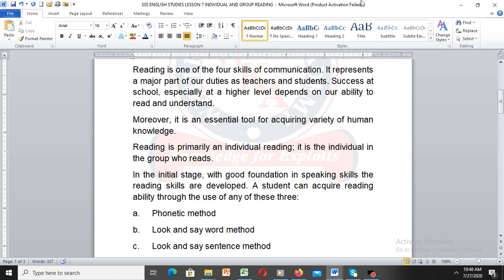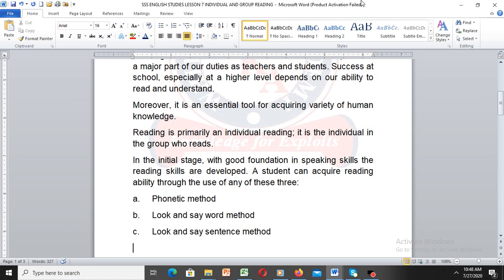A student can acquire reading ability through the use of any of these 3. First, phonetic method. Second, look and say word method. The third one, look and say sentence method.